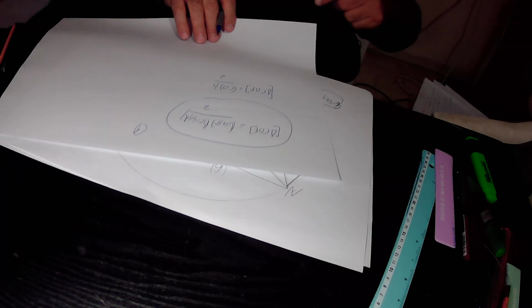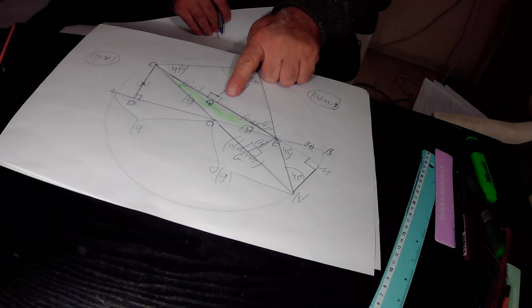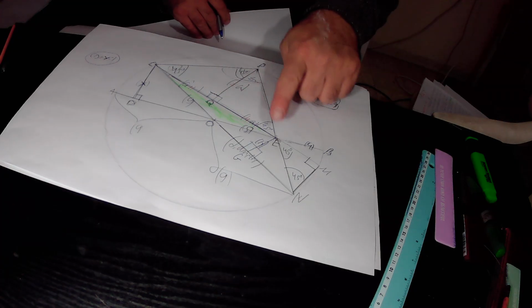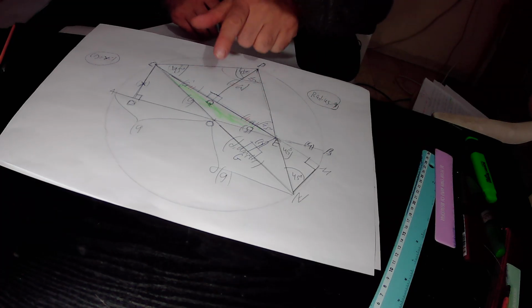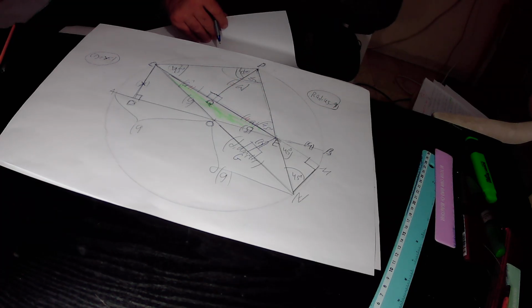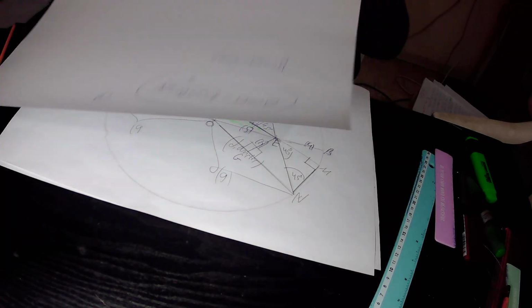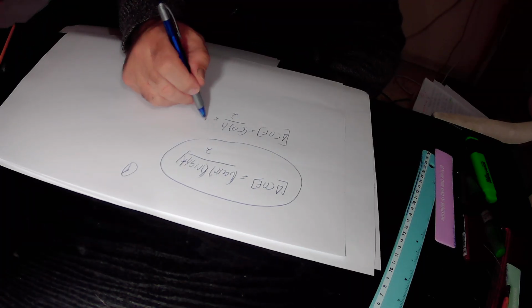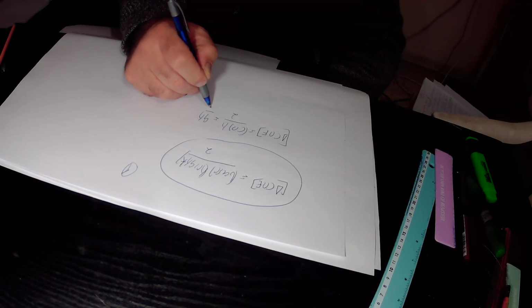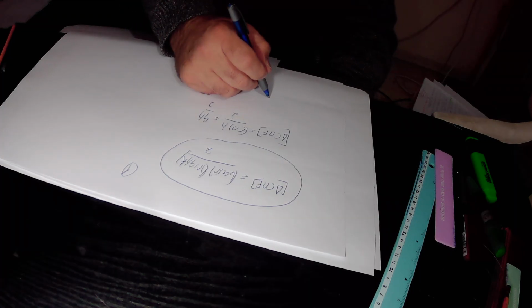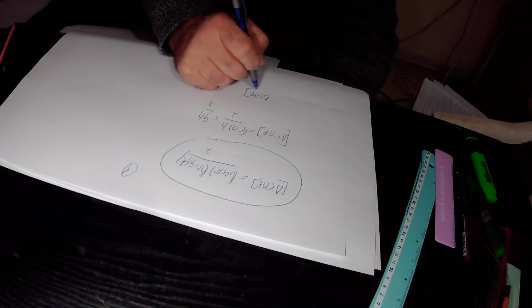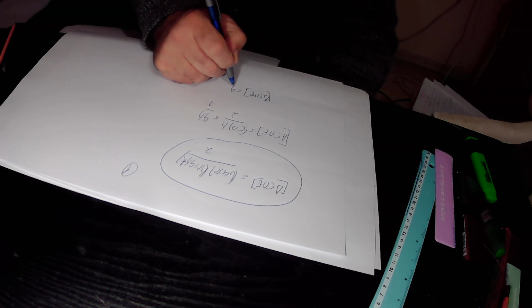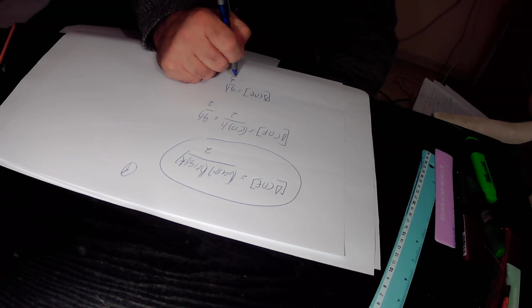The area of this green triangle COE equals CO times h over 2. CO is the radius of this circle, therefore it is equal to 9. So substitute CO by 9, and we find that the area of the green triangle COE equals 9h over 2 square units in size.